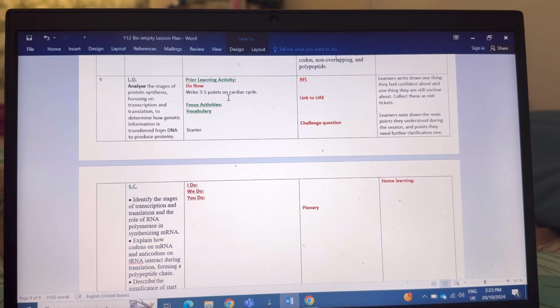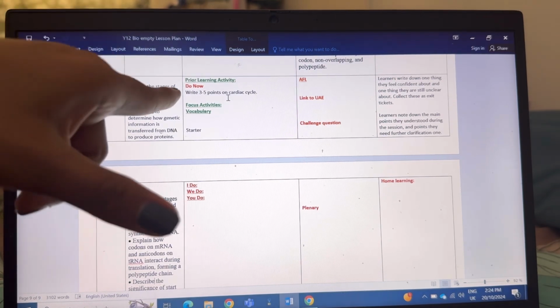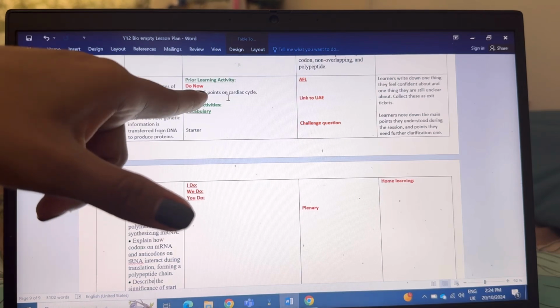This is just for 2 minutes. It can be anything, whatever a teacher decides. For me, as soon as my kids enter the class, there will be a do now written on my board, and they will come, settle down quickly and start the do now.